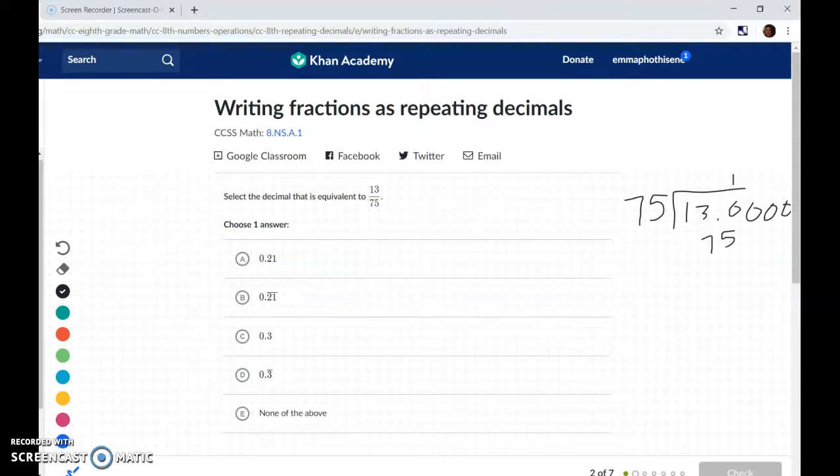So 130 minus 75 would be 55, right? 7 plus 5 is 13. Is that right?